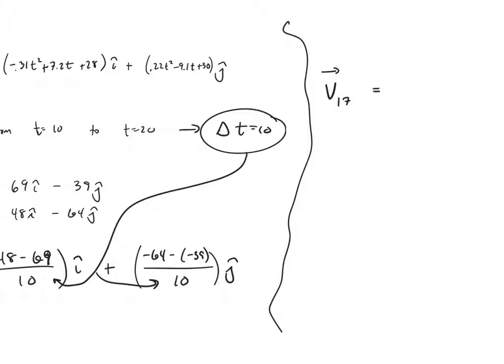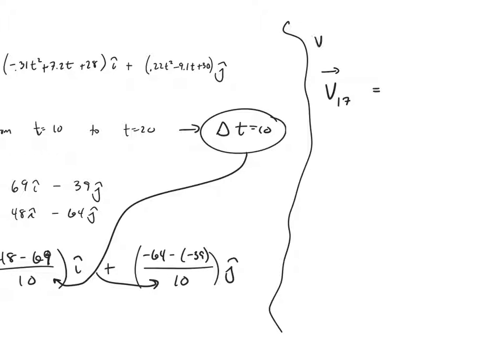If I want the actual velocity at 17 seconds, not the velocity between two times, not the average velocity, but the velocity at a moment. We should do the derivatives of the two equations over there and then just find the magnitude.